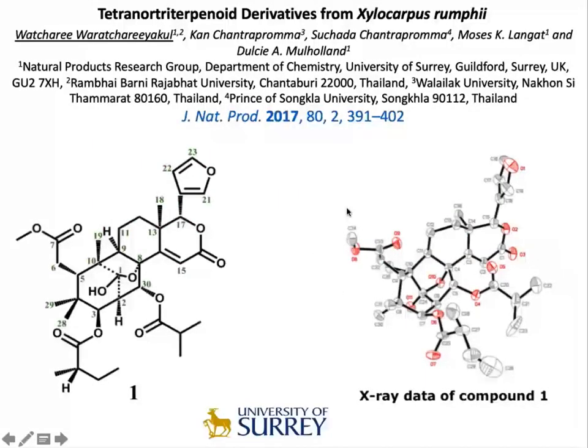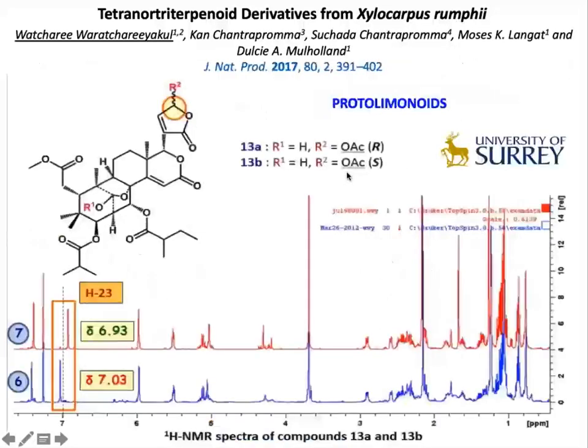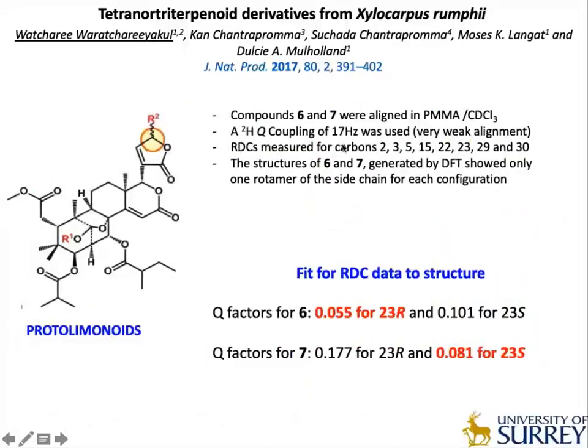This made my colleague Dulcie Mulholland approach me in a meeting, and she said that she isolated this compound, got the X-ray from Psiloxylon rumpi, but then the plant made this compound in which you have these 2 isomers here, 2 epimers. She acetylated, she separated them, and there is no way to correlate here. It's impossible using NOE. So we aligned it in the gel, compound 6 and compound 7.